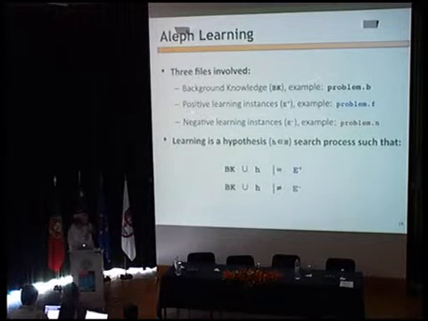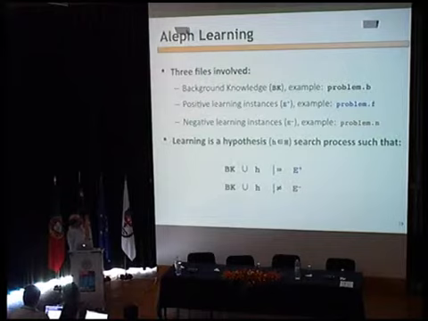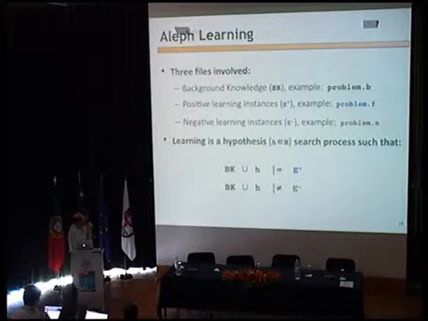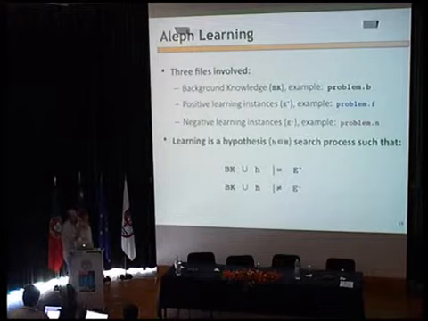In our case, we can afford to avoid providing this last file. The idea of the learning process in ALEPH is to find the hypothesis which, in conjunction with the background knowledge, maximizes the entailment of the positive examples and minimizes that of the negative ones.